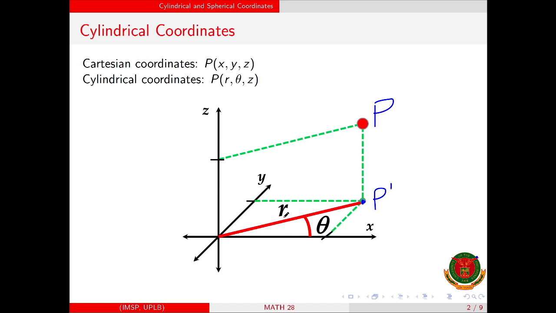The angle formed by this line segment with the positive x-axis is represented by theta. Z is actually the distance of the point P from the xy plane. And that's how we convert a point P from its Cartesian coordinates to cylindrical coordinates.